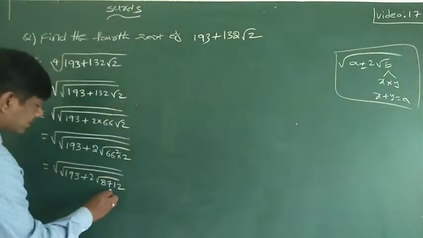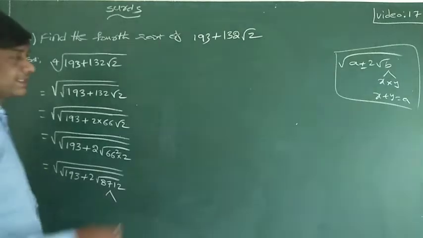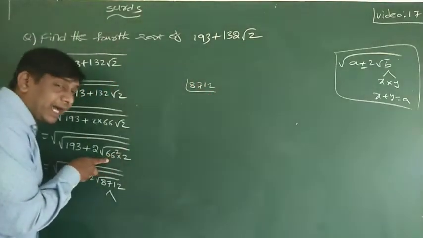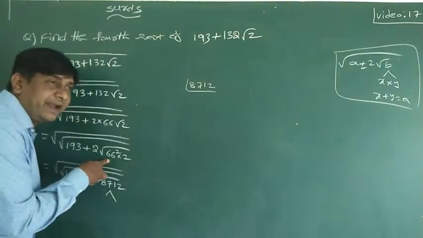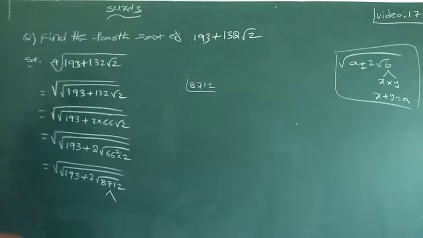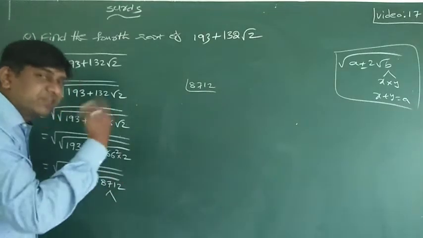Now I must make 8712 into factors. Since I took 66 inside, that means 66 is divisible by 11, so this total product is also divisible by 11.